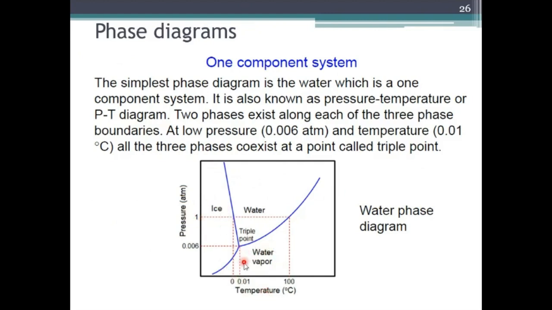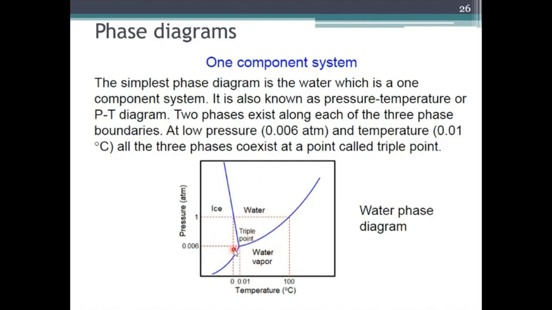This region we call water vapor. In the atmospheric pressure conditions at low pressure, it will be in the form of water, but below zero degrees Celsius, it will be in the form of ice.